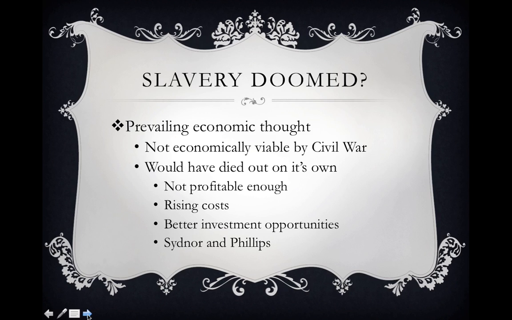And the argument that most people were using to explain why slavery was dying out on its own was that the cost of slaves was increasing over time. So the argument was that if you take a look at a time series of the value, for example, of a prime-aged male slave worker, a field hand during that time period, there was a consistent inflationary trend for the cost of a slave.